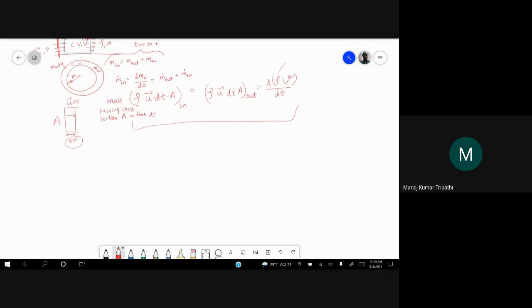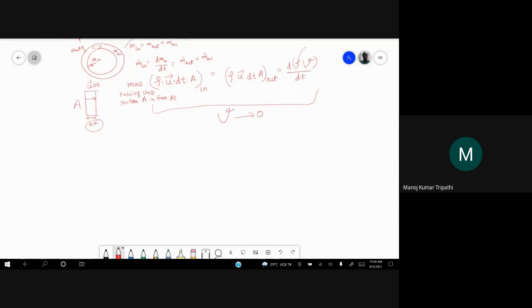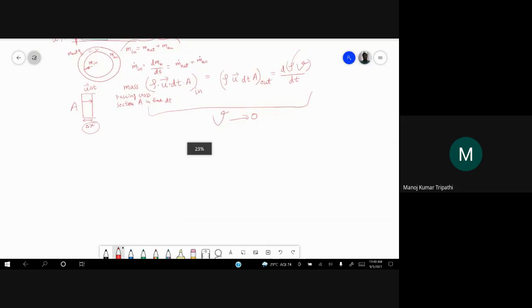So we'll write this assuming that this control volume V is approaching 0, so that it is very small.